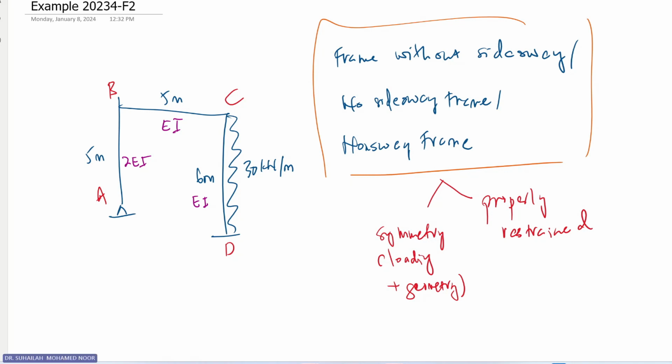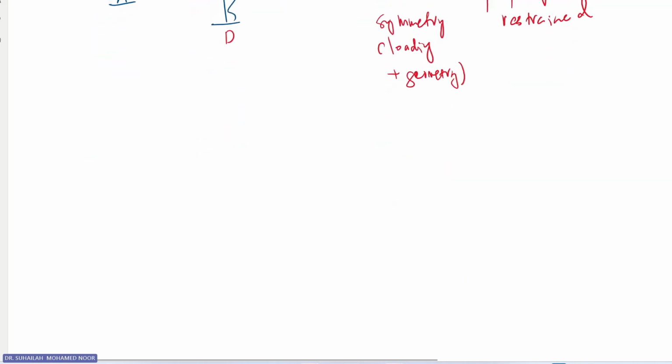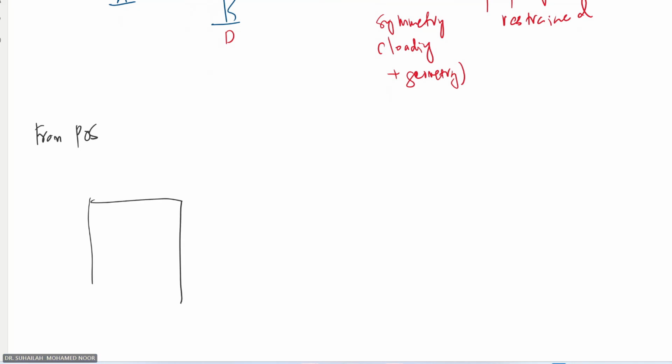So from the principle of superposition, this is the original, pin here, fix.